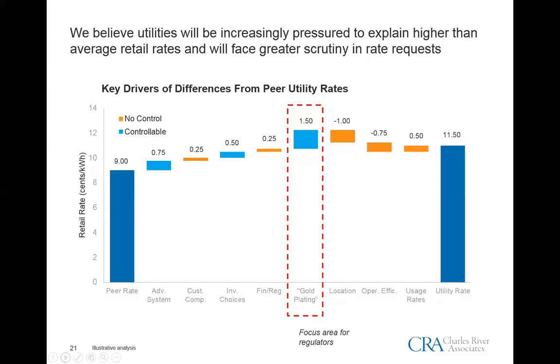And this is very much a focus for regulators, or a term that regulators might use to assess whether there have been appropriate and prudent expenditures of costs, and what type of isolation of that type of metric can be done versus all of these other external factors. So with this as an important background, what we're finding is that evaluating these key differences in different jurisdictions is very important. And in order to do that, you have to have a handle on what peer utilities are doing.